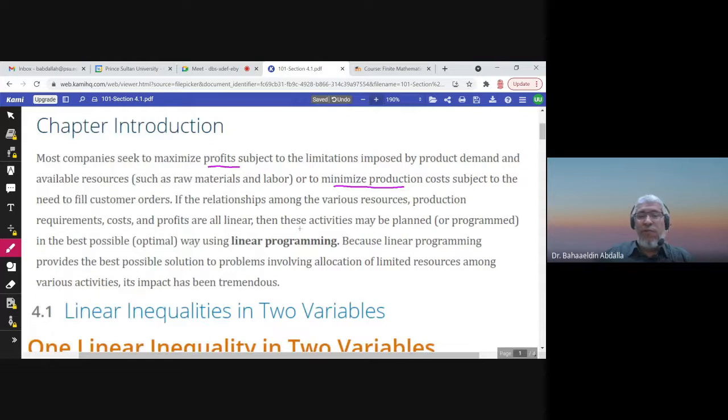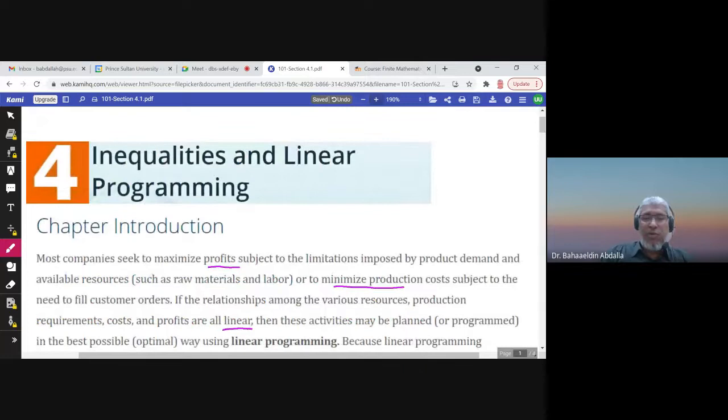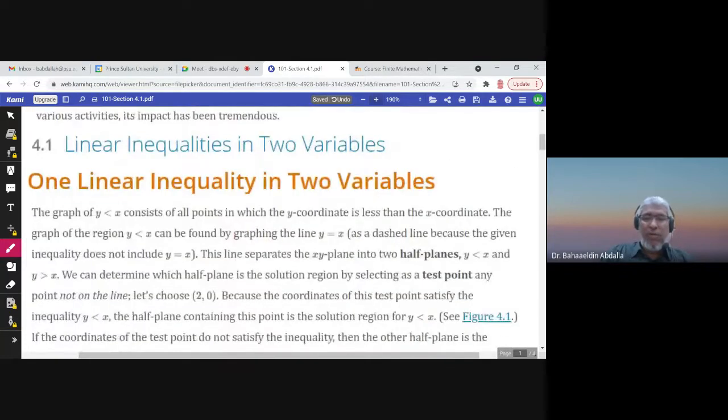If the relationships among the various resources, production requirements, costs, and profits are linear inequalities, then we can use linear programming to get the best possible solution to the problem. So we will learn in this chapter how to use linear programming.